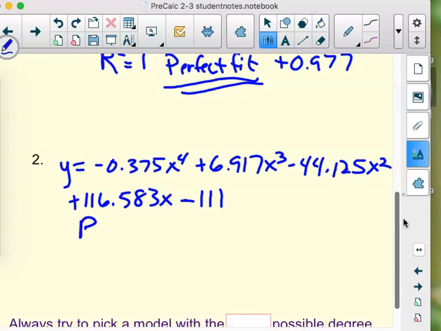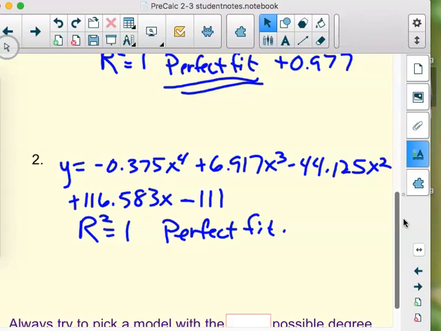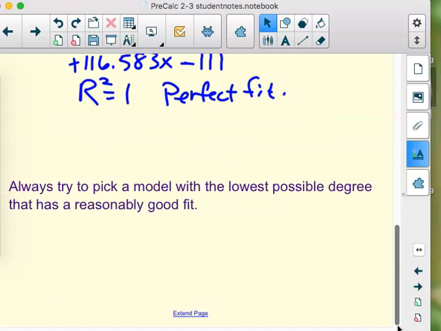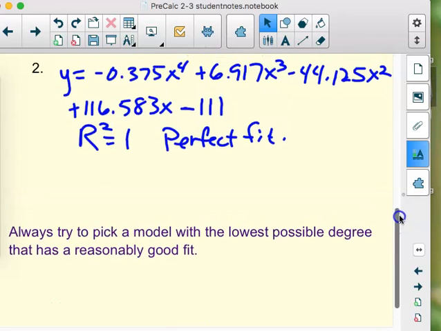And again, coefficient of determination was 1, so that means this is a perfect fit, which is always, always our goal. Now, down at the bottom, it says, always try to pick a model with the lowest possible degree.